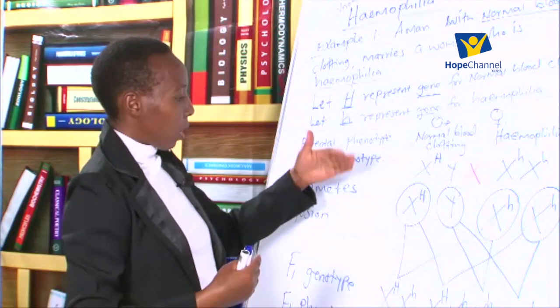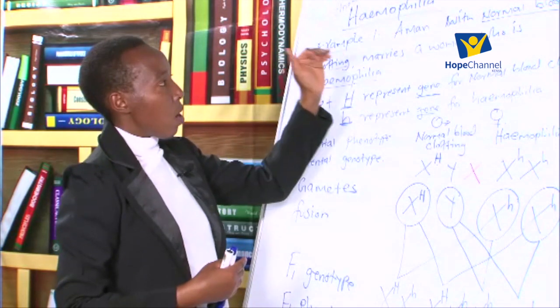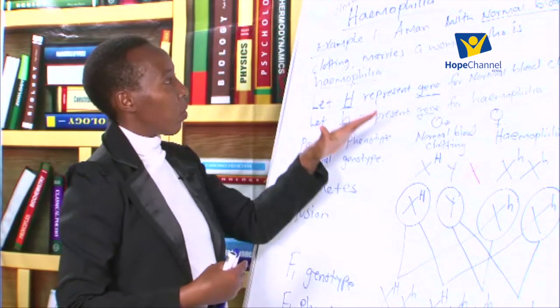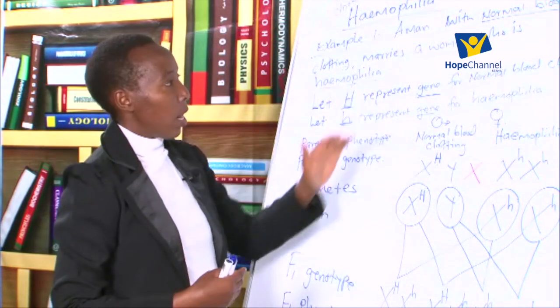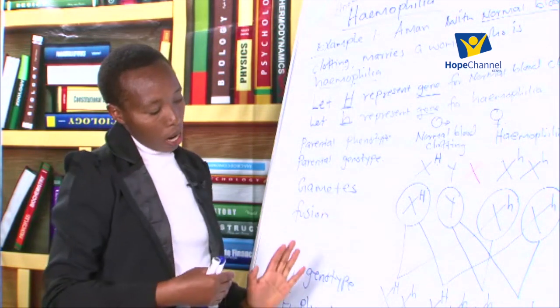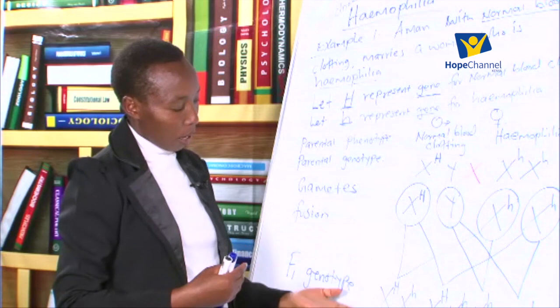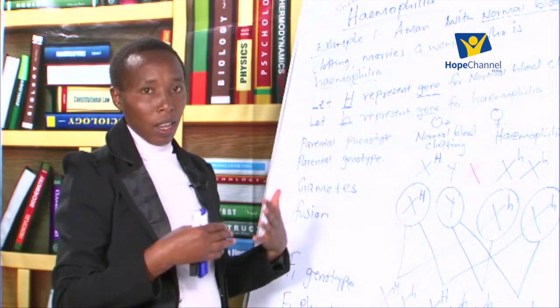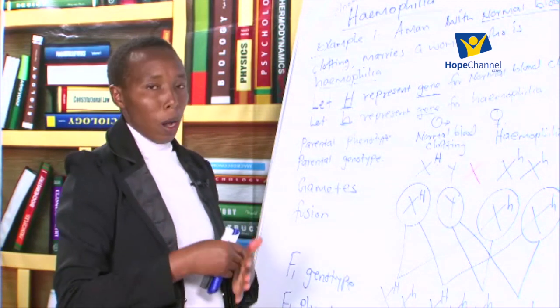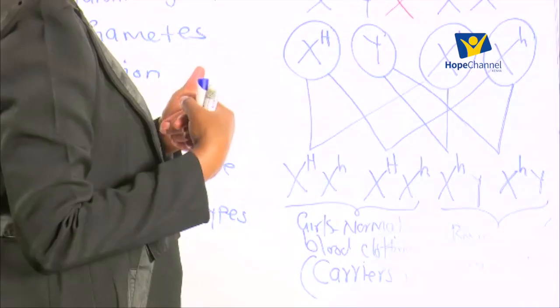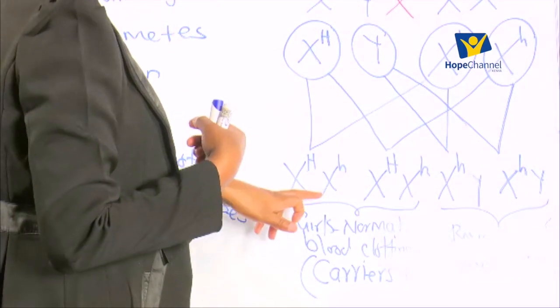And for sure, in this case, we are able to see that if a normal man marries a hemophilic woman, then half of their children, which are the girls, are going to have normal blood clotting, but you realize that they'll be carrying the recessive gene for hemophilia.